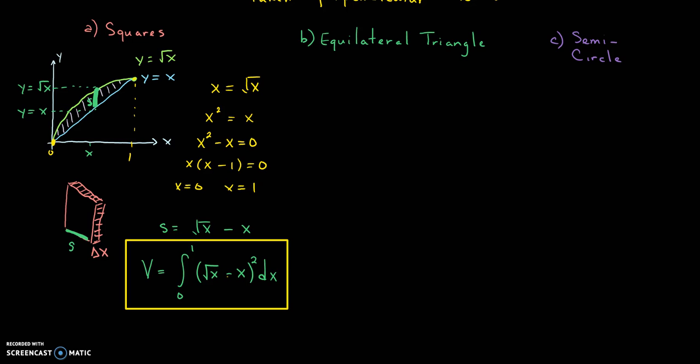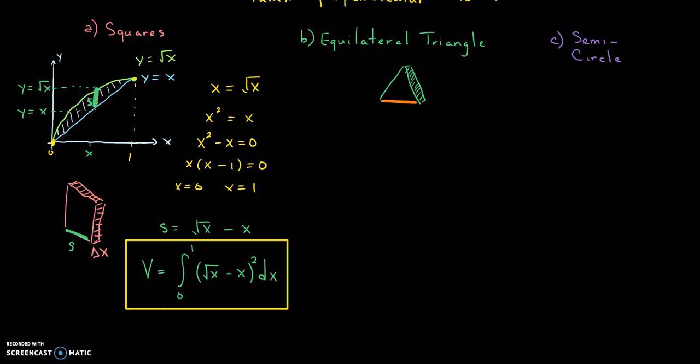Let's jump over to the equilateral triangle. So here's my triangle right here. What I want to do with this equilateral triangle is place this side, let me do it here in orange, on this thing here.